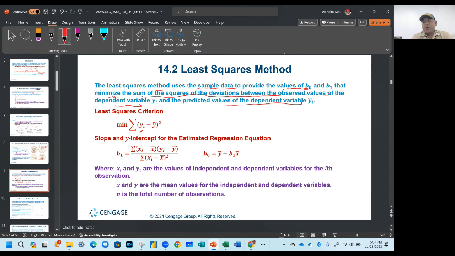You square that difference and then you sum, and that's the process of minimizing the sum of squares of deviations between the observed and the estimated values of the dependent variable. So the slope, beta 1, and the y-intercept, beta null.